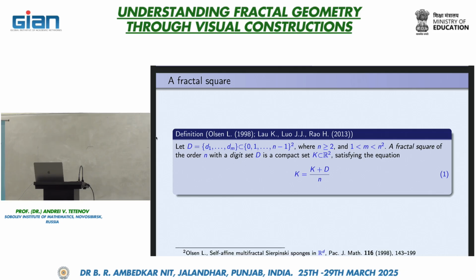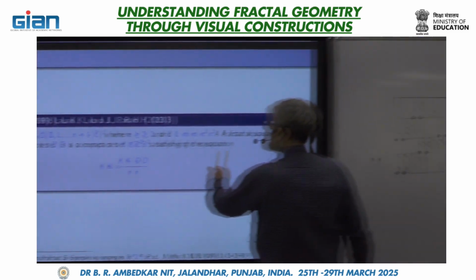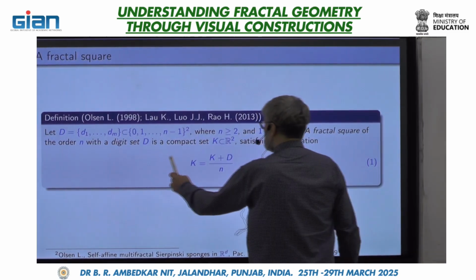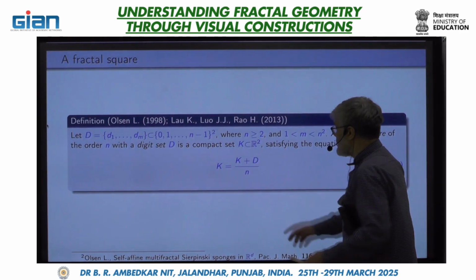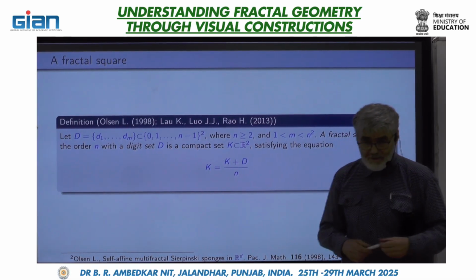We have a digit set D, which is a subset of {0, 1, ..., n minus 1} squared, and a fractal square is the set which satisfies the equation K equals (K plus D) divided by n.